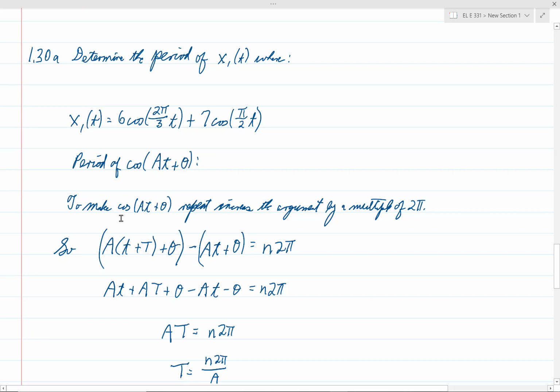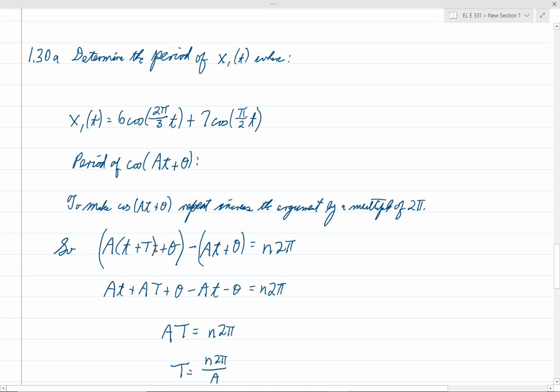Now we remember from earlier, whenever you studied trig functions, that when the argument of the trig function increases by 2 pi, the function will have the same value. It will repeat. Of course, a is taken here to be a constant, and theta is a constant. The only thing that's varying is t.